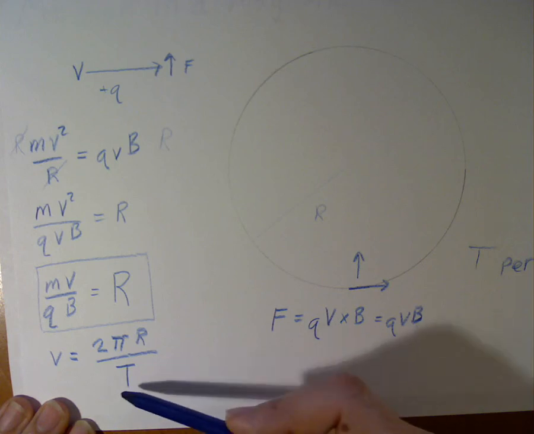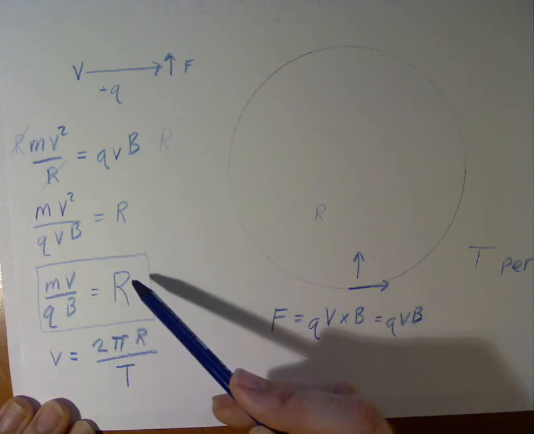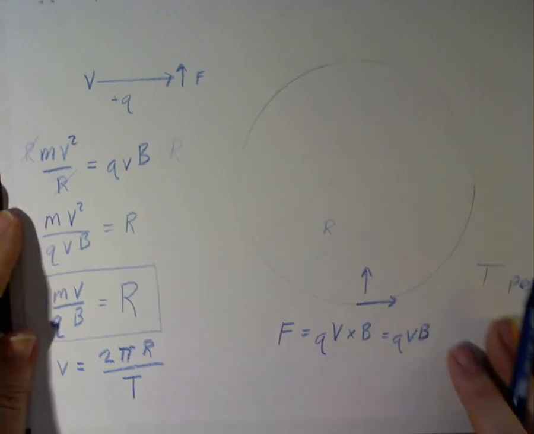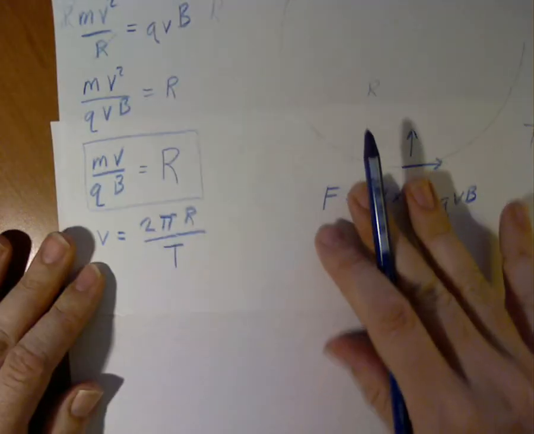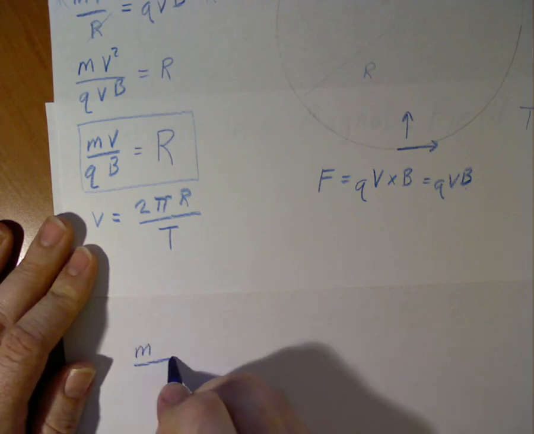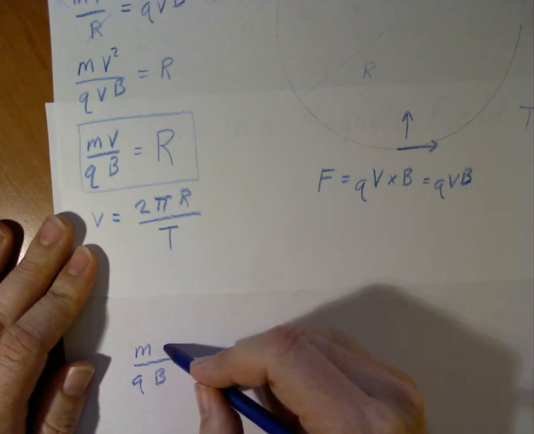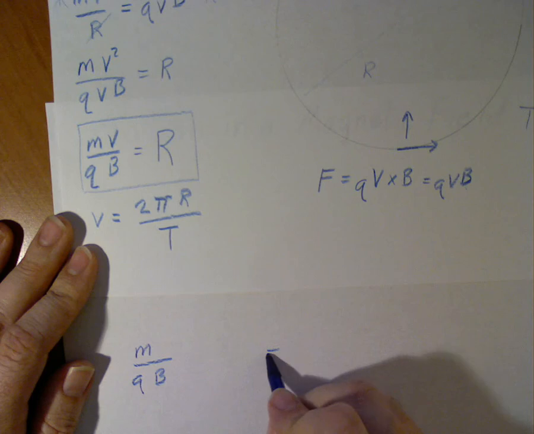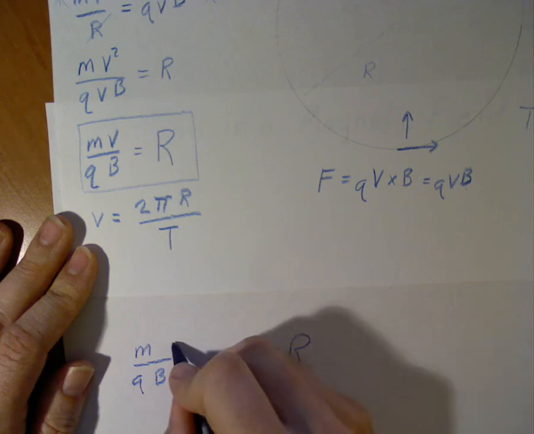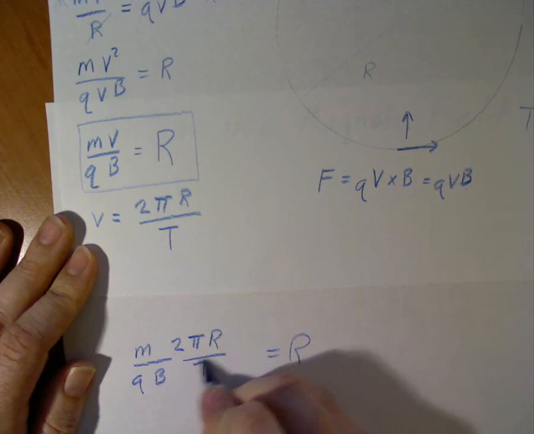Now, in order to solve for the period, we take this equation for v, we can plug it into our equation for the radius. So we'll take m over QB. And instead of writing V, I'm going to write 2 pi r over t.